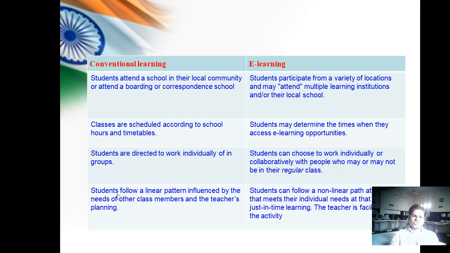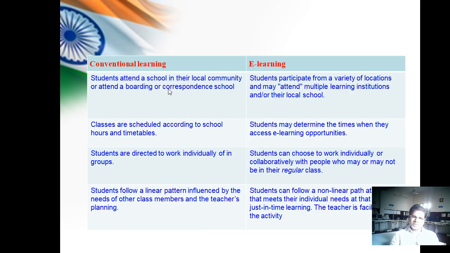And the last one, in conventional learning students follow a linear pattern influenced by the needs of the other class members and the teacher's plan. Whereas in e-learning, students can follow a non-linear path at a pace that meets their individual needs at the time. That is, just-in-time learning, and the teacher is facilitating the activity.